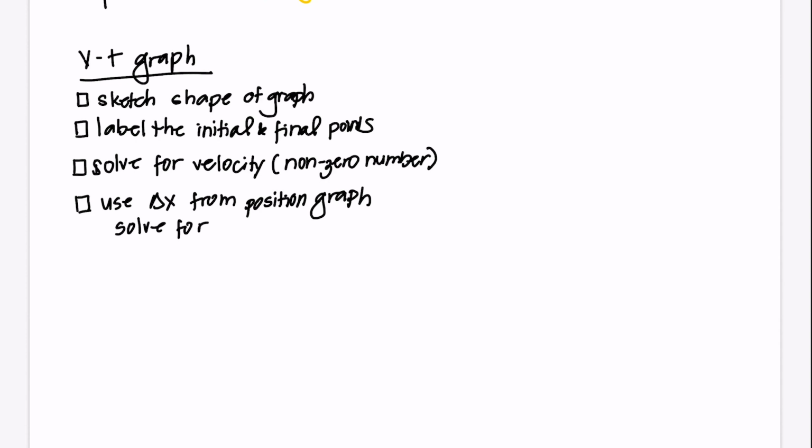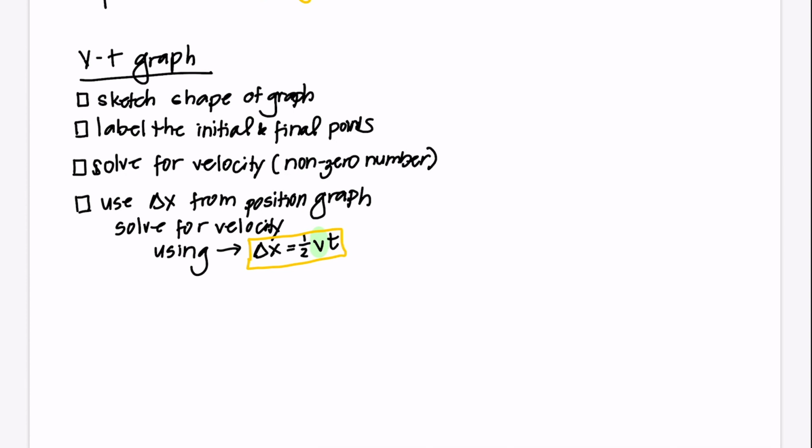I know I said that already. Using delta x is equal to 1/2 velocity times time, with velocity being the thing that you're going to be solving for. Okay, so this one's pretty important. I'm going to put that in a yellow box so you remember.